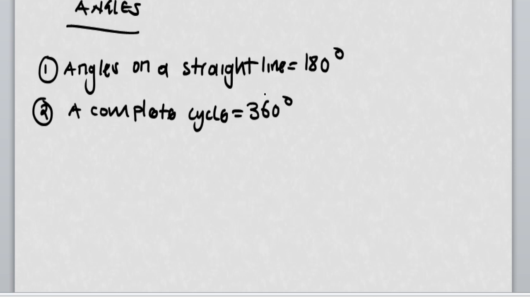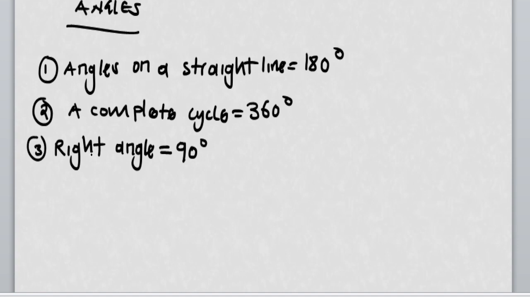Then apart from that, the other thing you should know is what we call a right angle. A right angle is equivalent to 90 degrees. So once you see a right angle, that one is equivalent to 90 degrees.